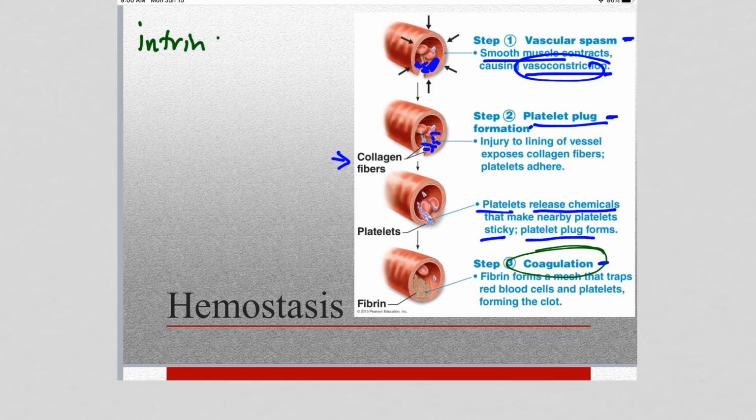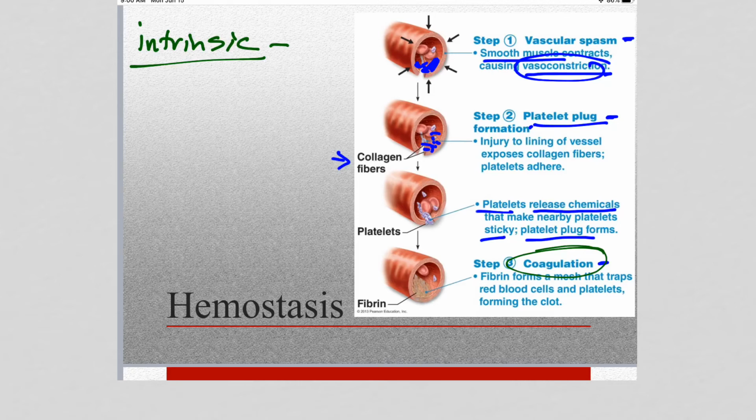You have the intrinsic pathway, and what you want to know about the intrinsic pathway is that all the components for this process of converting the blood from liquid to gel are found in the blood in an inactive state, and they become activated when the platelets release chemicals to activate this process, to get coagulation occurring.